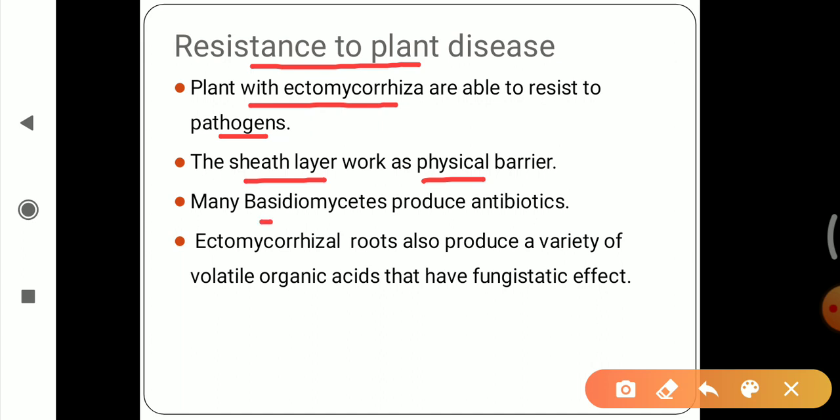Many Basidiomycetes produce antibiotics, and Ectomycorrhizal roots also produce a variety of volatile organic acids that have a fungistatic effect.